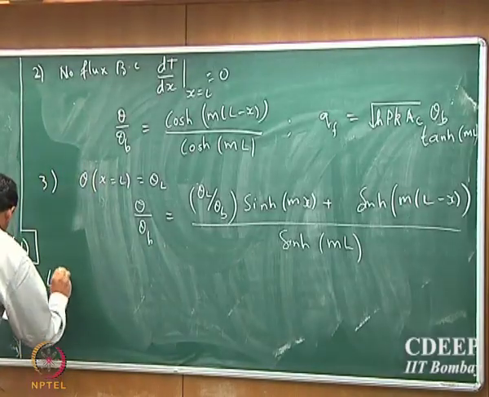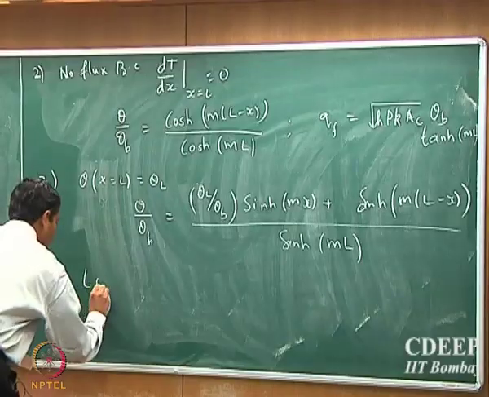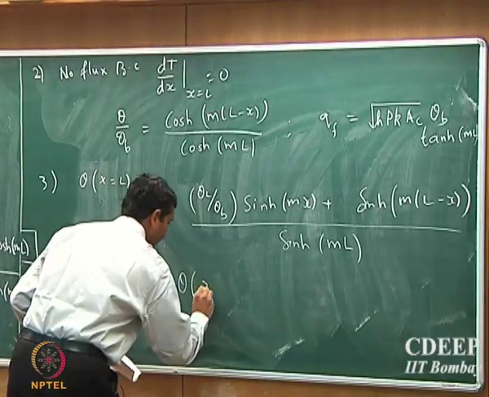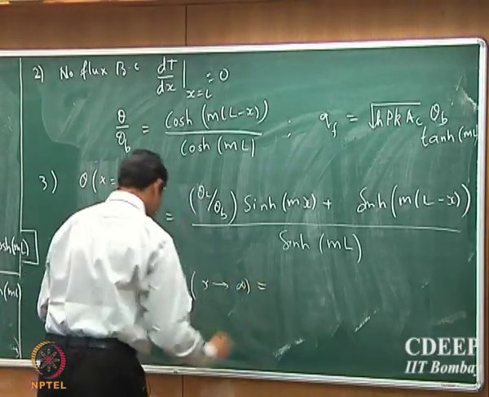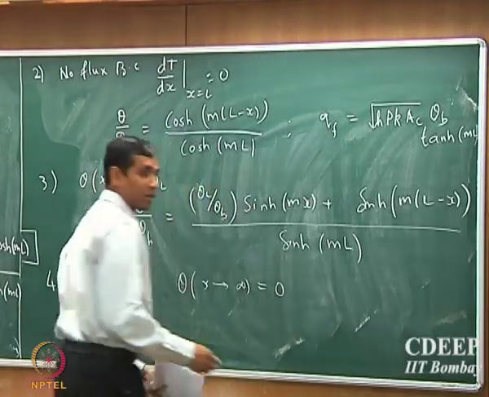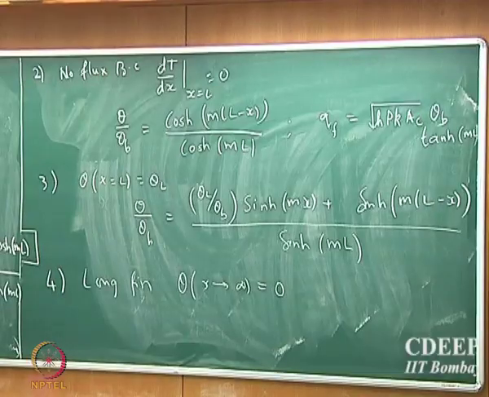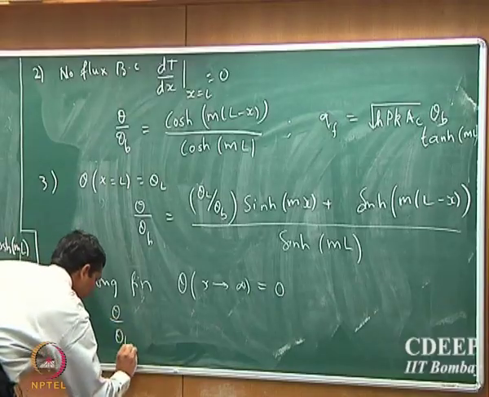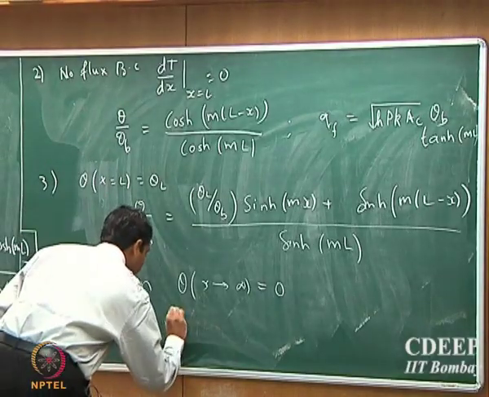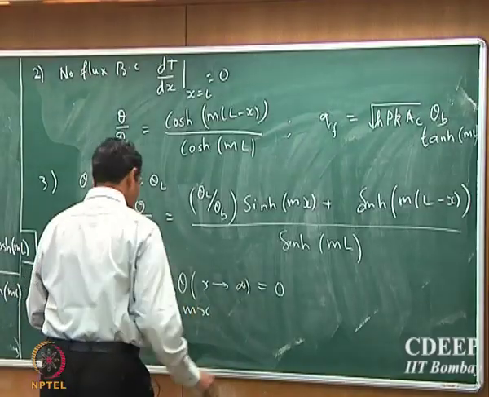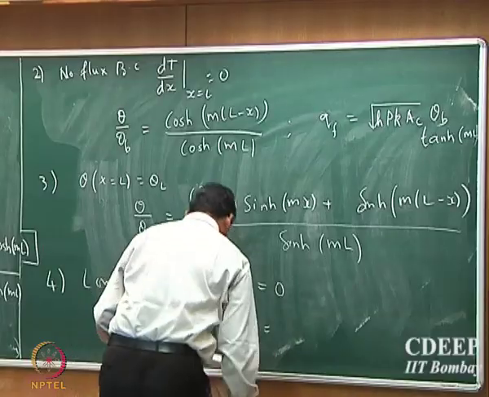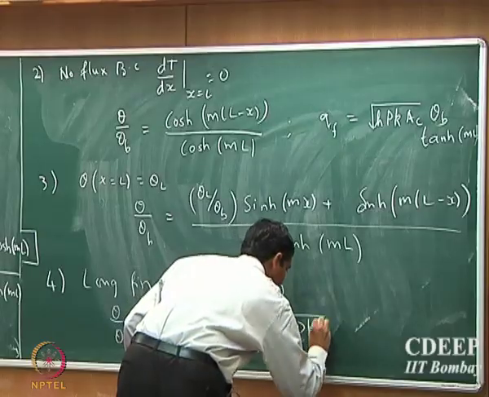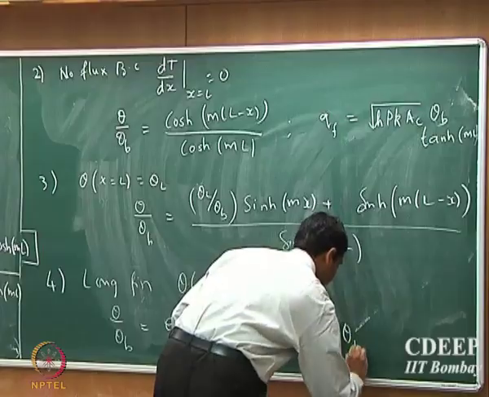And for the fourth type of boundary condition, where you have a long fin, an infinitely long fin, so theta at x tending to infinity is equal to 0, that is, the temperature on the other end is equal to the temperature of the fluid itself, in that case theta/theta_b is simply given by e^(-mx), and Qf is given by the square root of hPkA_c times theta_b.